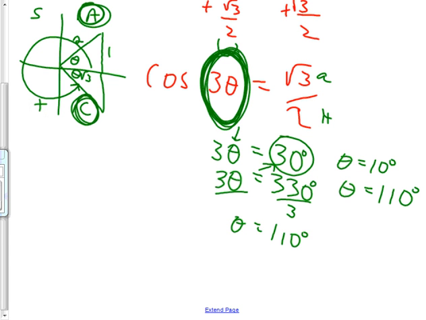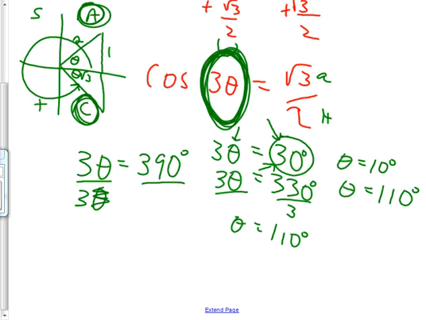So if I add 360 degrees to that, it'll say 3 theta is equal to 390 degrees. Then when I divide by 3, my answer is going to come out less than the limit. It's supposed to be 360 or less, and it will be. So when I divide by 3 on both sides, theta then is 390 divided by 3, which would be 130 degrees.